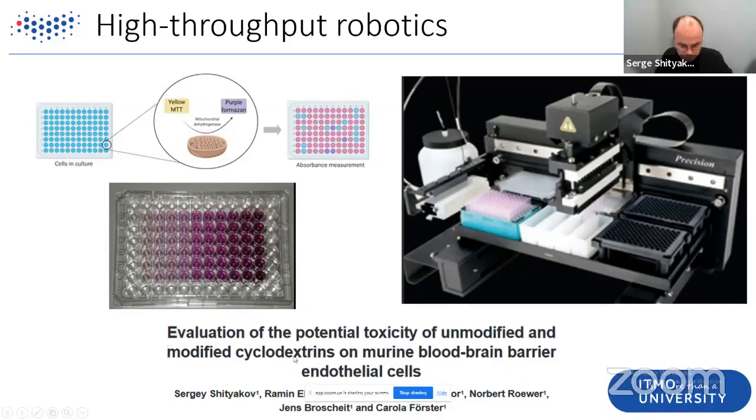This also relates to our previous publication, where we investigated the potential toxicity of unmodified and modified cyclodextrins using the blood-brain barrier and the T-level cells. The only difference is that at that time we didn't use the robotic toxicity platform, and for these experiments we tested only up to 3 to 5 different drug-like molecules complexed with the modified cyclodextrins.